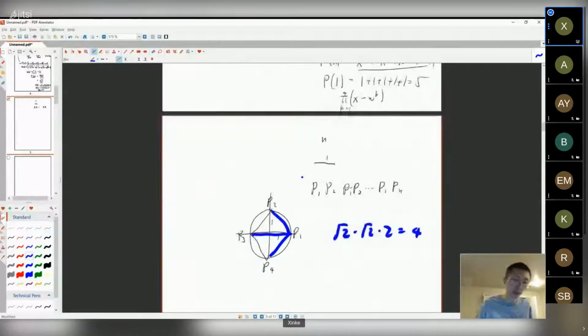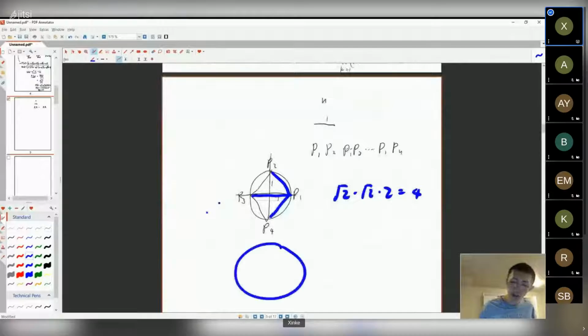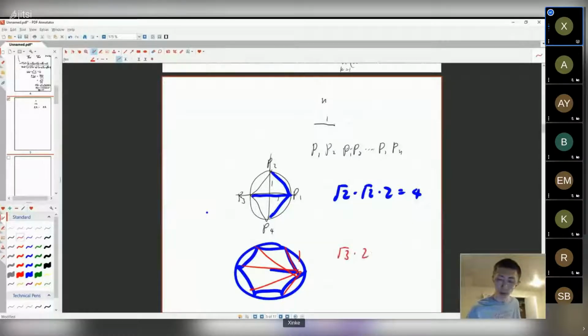If you want to check it for a hexagon, you can. Like a regular hexagon inscribed in the circle of radius 1. These 5 lengths should have product 6, is the thing I just proved. So this is 1 times root 3 times 2 times root 3 times 1, and that's 6.